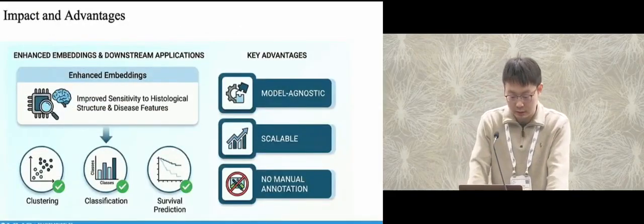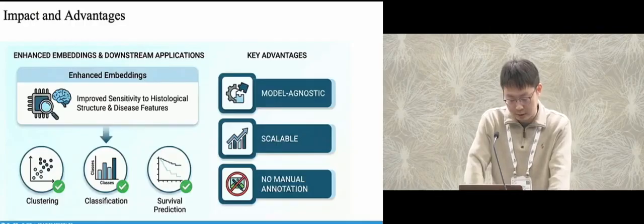The result of this process is a highly effective pathology-aware image embedding. Unlike standard embeddings, these are sensitive to histological structures and disease-relevant features. These embeddings are ready to be deployed directly into downstream tasks like classification, clustering, and survival prediction.